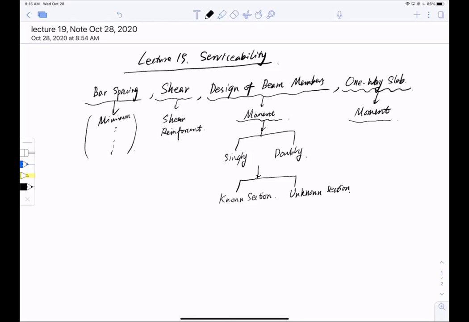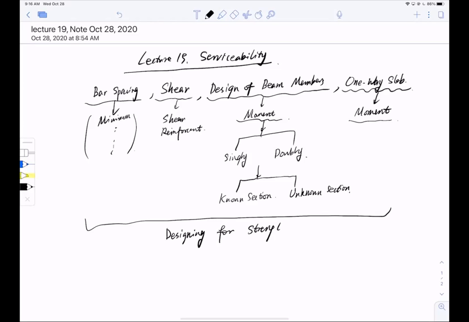Okay, and you see that all of these are for beams and slabs, but what are they? These are for designing for strengths, or load bearing capacities.